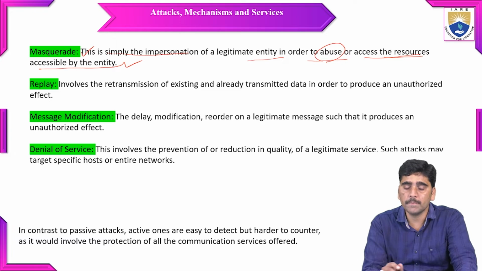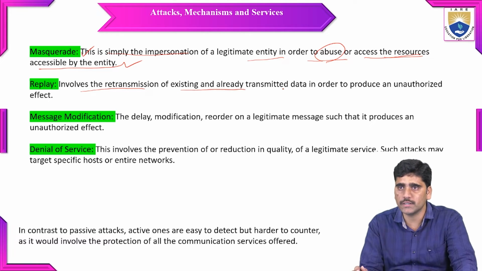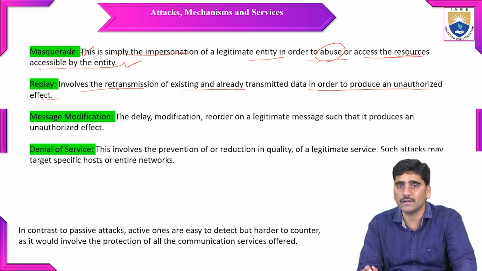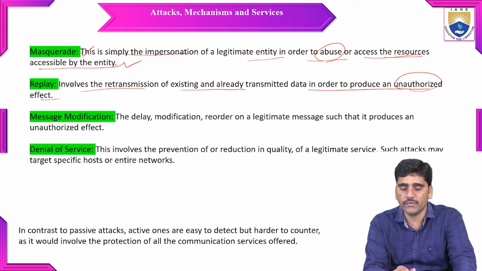And the second one, replay. It involves the retransmission of existing and already transmitted data in order to produce an unauthorized effect. So replay means the data is going to be sent multiple times in order to produce an unauthorized effect.